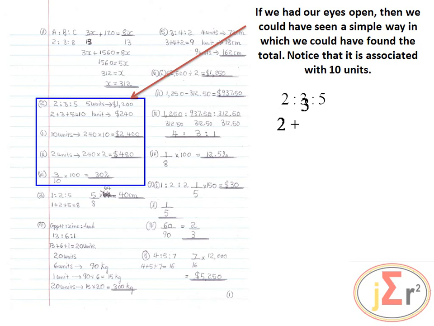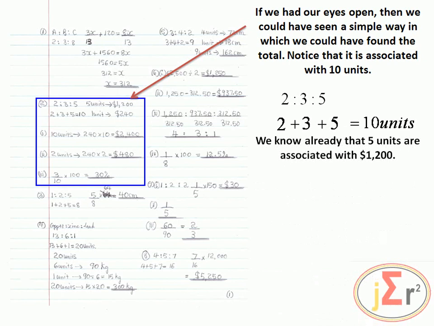10 units. That's the total. No problem. We know already that 5 units are associated with $1,200. How do we know that?